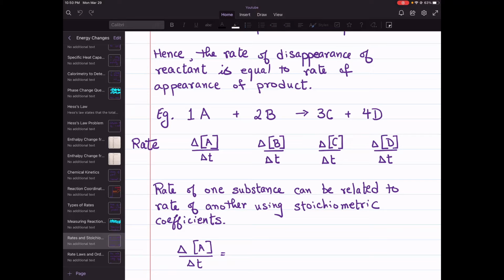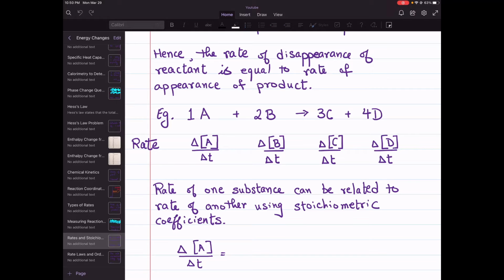Now, rate of A is equal to change in concentration of A over change in time, and the rate for B is going to be change in concentration of B over the change in time. In the same way, the change in concentration of C over change in time will be the rate for C, and for D it would be the change in the concentration of D over change in time.